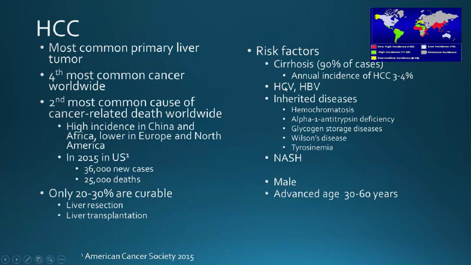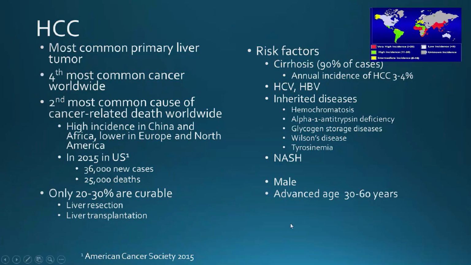Hepatitis C virus patients, when they have hepatocellular carcinoma, almost all of them are cirrhotic. And in hepatitis B patients, on the other hand, cirrhosis is not needed for hepatocellular carcinoma to develop in the liver, and these patients are probably better candidates for liver resection if the tumor is limited to certain parts of the liver.